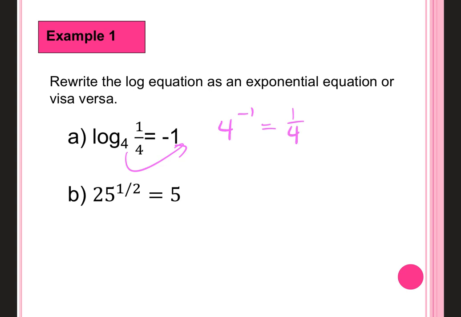And if I want to write the exponential into log, I get log, the base of the exponential becomes the base on the log, the 1/2 goes to the other side, and the 5 joins the log. So we switch spots. We remember this? Yes? Okay, good.